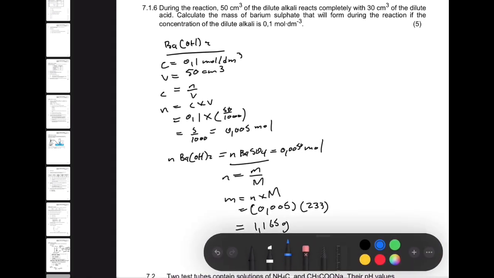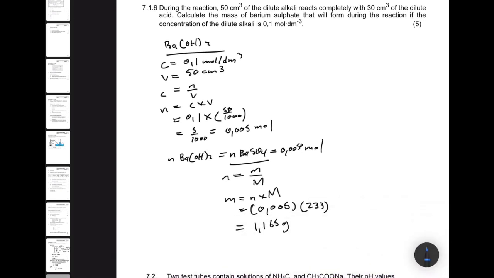Let's just recap for the last time. We're given the concentration and the volume of the dilute alkali, or barium hydroxide, which was used, and then we figured out that it's our limiting reactant, because we are told that it reacts completely.